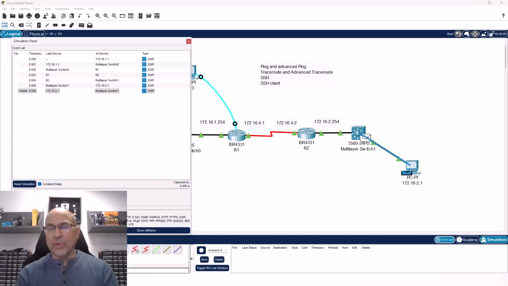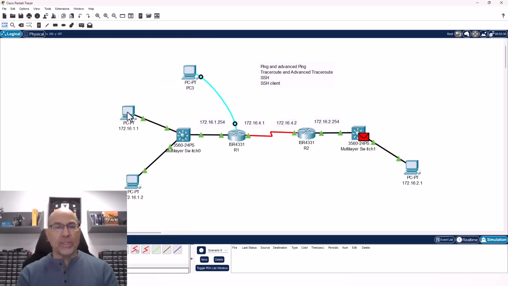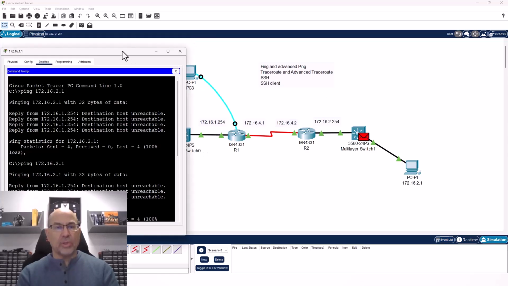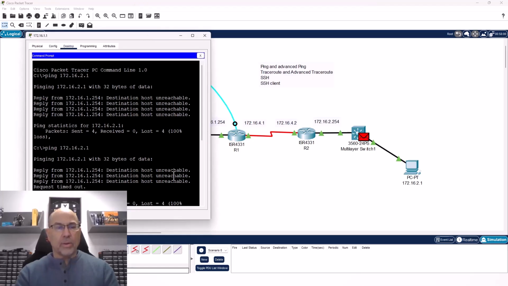And 2.1 has a default gateway, so it sends it back to its default gateway, but the default gateway does not know how to get back to the 1net. And so it's the same thing, but the problem is if we are troubleshooting from this host, we cannot see the answer.